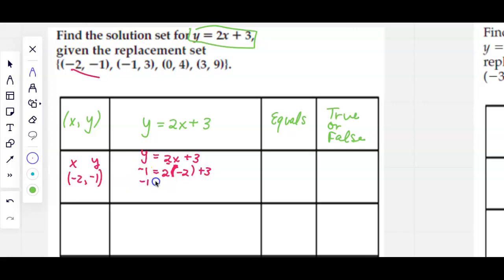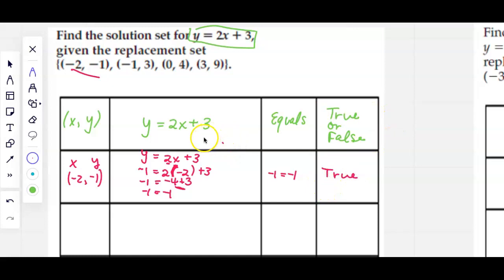Right now I get -1 equals 2 times -2 is -4, plus 3. And now the last little bit is our addition, -4 plus 3. So -1 drops down again because he's all by himself on the left side. -4 plus 3 is -1. So what do we get? We get -1 equals -1. And is that true? Yes, -1 does equal -1, so that's true.